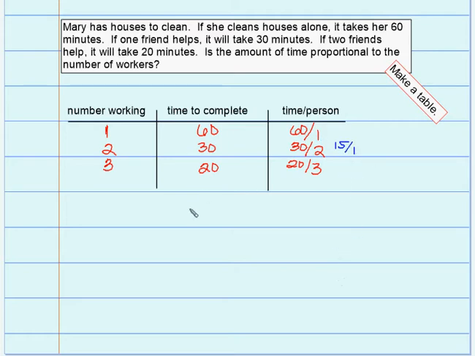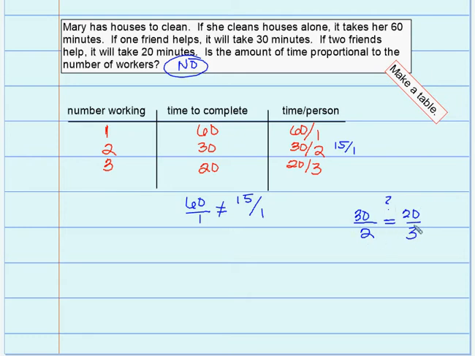Now, I can tell you that this is not proportional because 60 over 1 is not the same thing as 15 over 1. I can see that. So this is no, it's not proportional. You could also take any two of these and say, 30 over 2, does that equal 20 over 3?